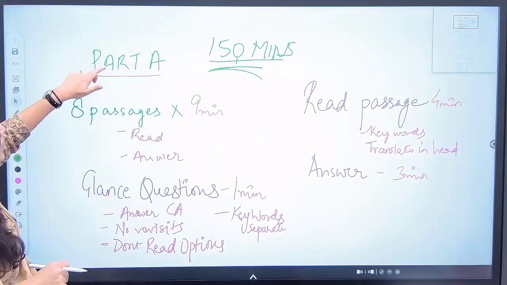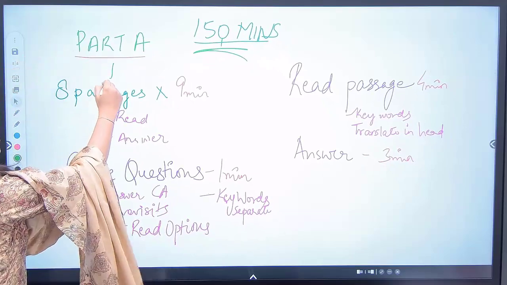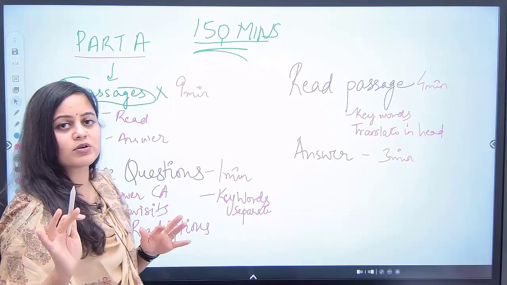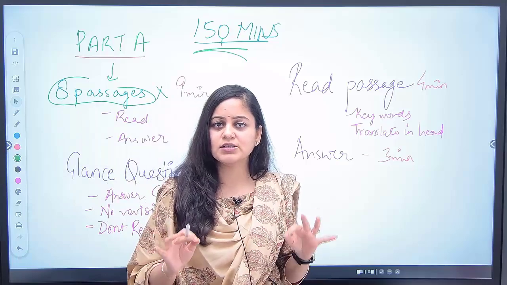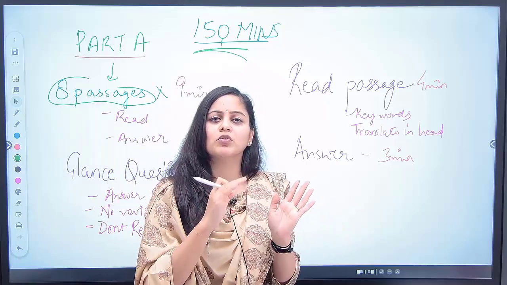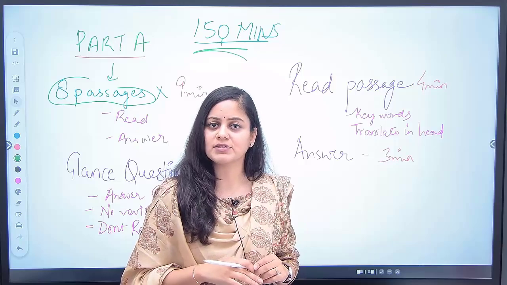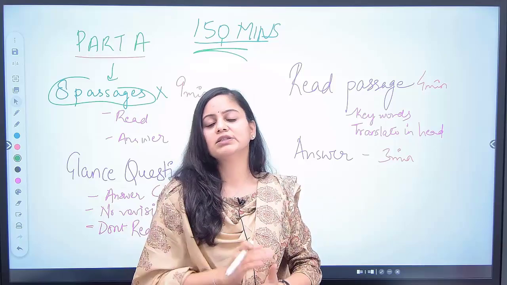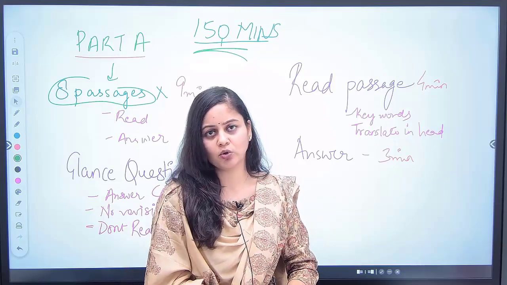So now when we are speaking of part A, let's start by understanding that we have approximately 8 passages that are asked, and there are 8 to 10 questions per passage, which leads us to 75 questions in total.